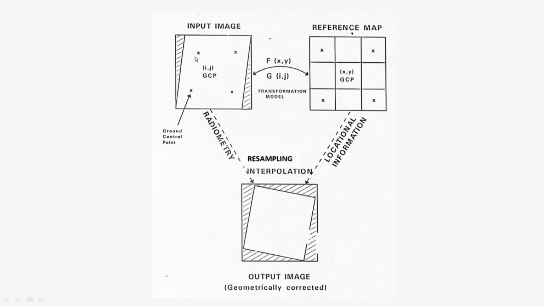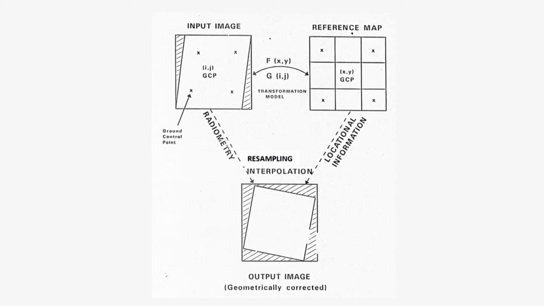The corresponding control points in my master image or map are also shown here, which is in the geographic domain. Now what I have to find is a polynomial equation, and the coefficients will allow me to shift pixel by pixel from this input image to the master grid, which is a georeferenced one.